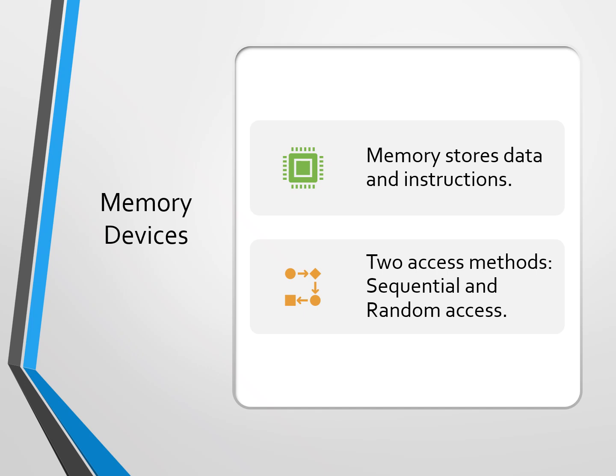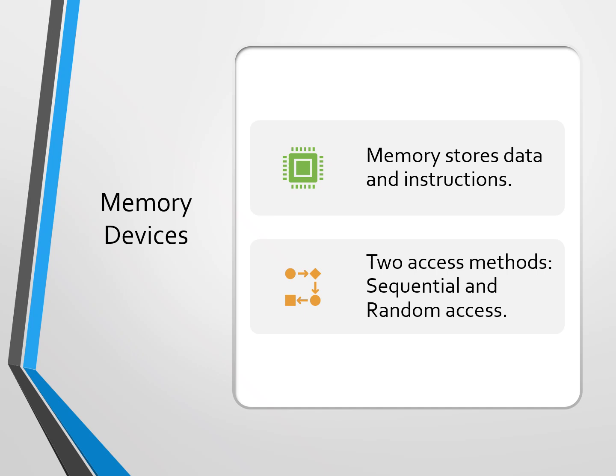And then the memory devices. So we know memory devices, right? It stores data and instructions. So how do you access this information? Through sequential access or random access. Okay.